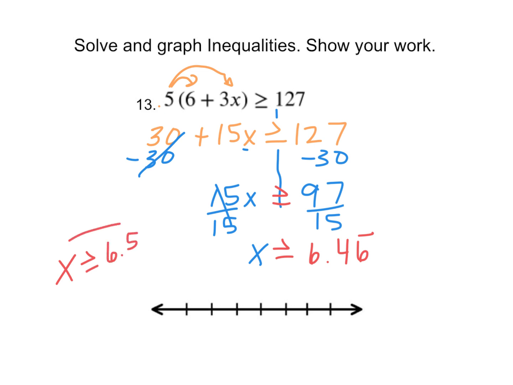It'll be a little bit easier to put on my number line. I'll just do 6, 6.5, and 7 on my number line. Okay, so x is greater than or equal to 6.5, so I'm going to do closed circle and to the right.